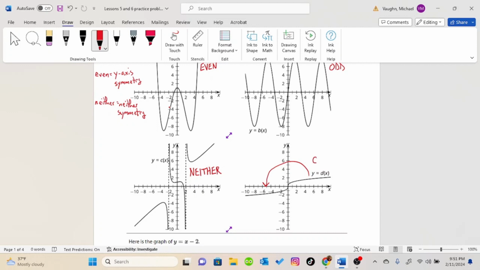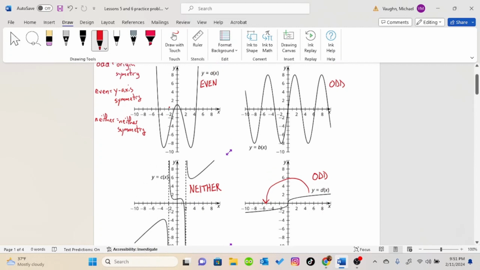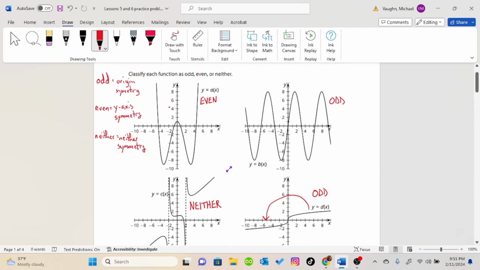So this would be an odd function. So remember that if it is symmetrical about the origin, then it's odd. If it is symmetrical over the y-axis, then it is even.